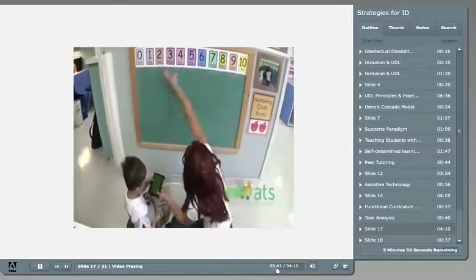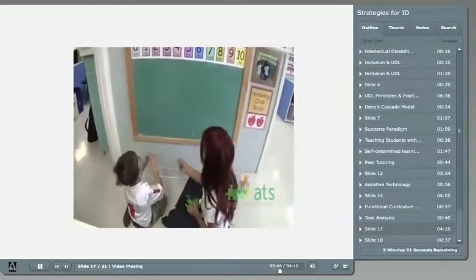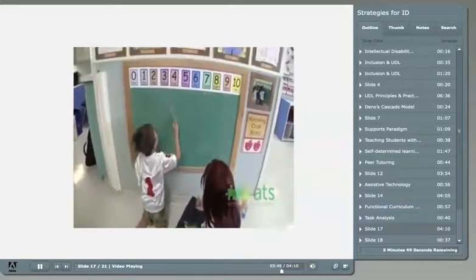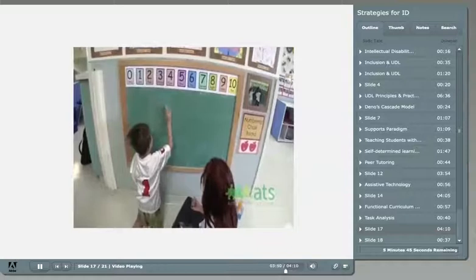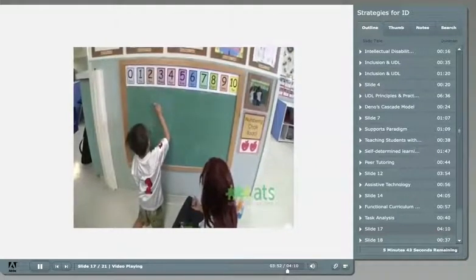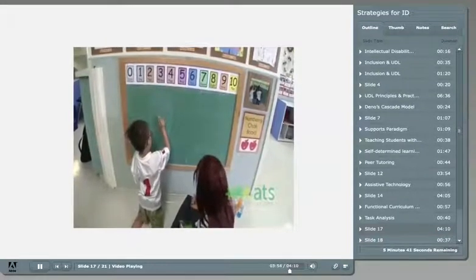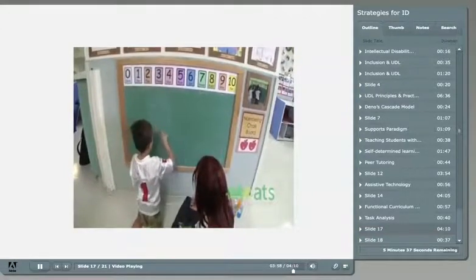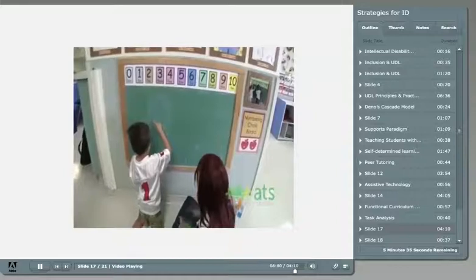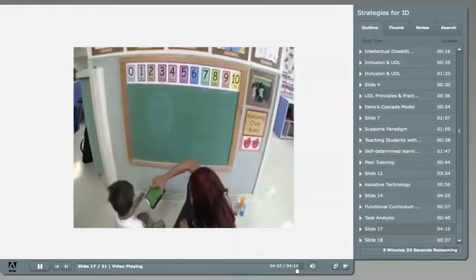Want to play with that? Draw a smiley face. Whoa, you're such a good artist. Here you go.